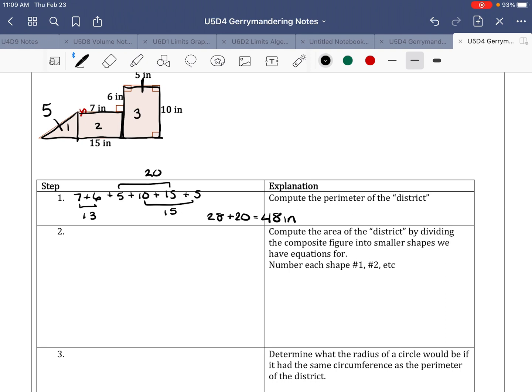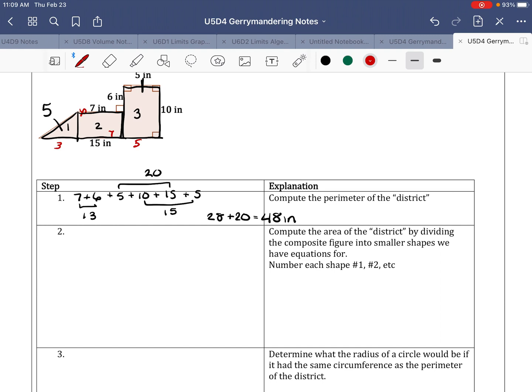In order to do that, I need to fill in a couple of different numbers. My first shape here, I have a triangle. If I know the entire bottom is 15, I know that this section is 5, this section is 7, that adds up to 12. 15 minus 12 leaves me with this section being 3.